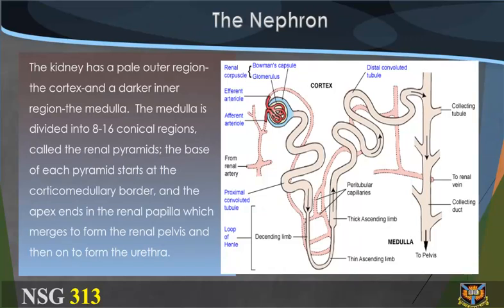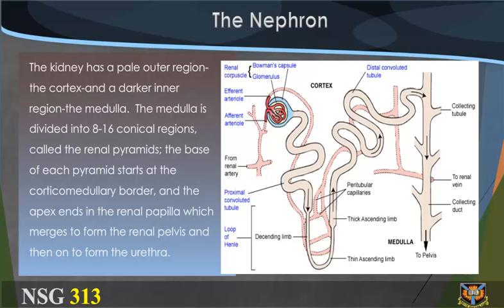Diagram of the nephron. The kidney has a pale outer region, the cortex, and a darker inner region, the medulla.